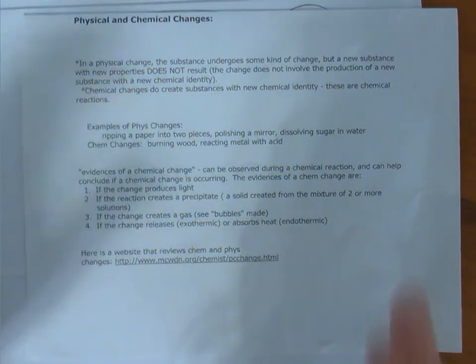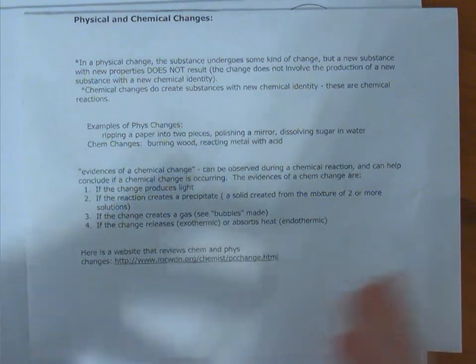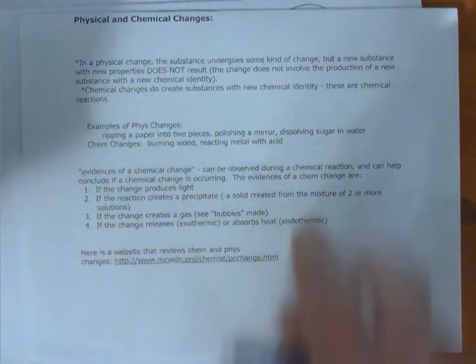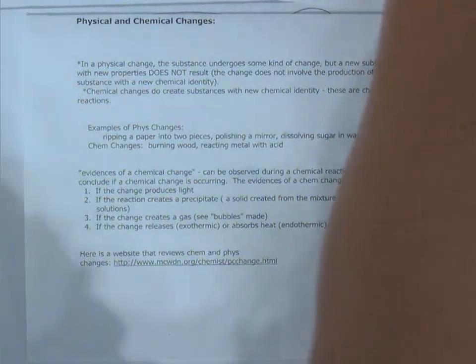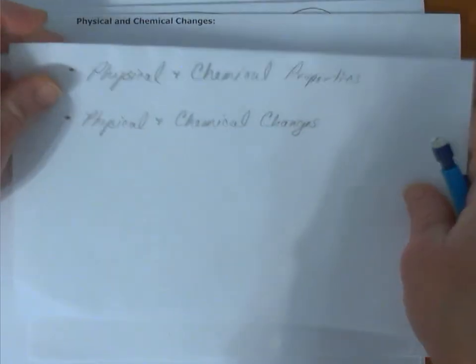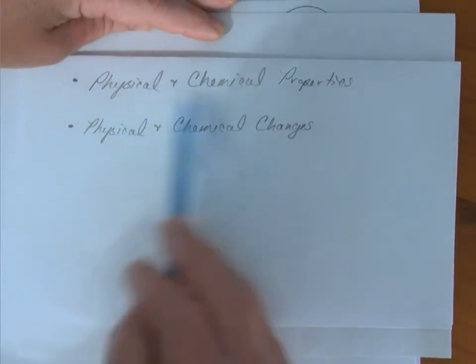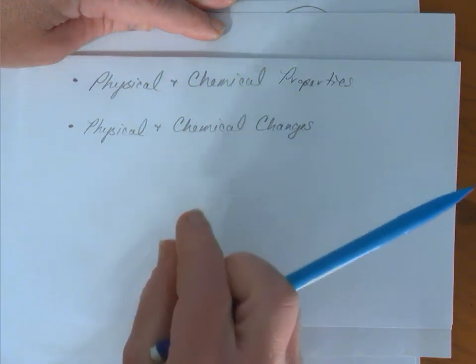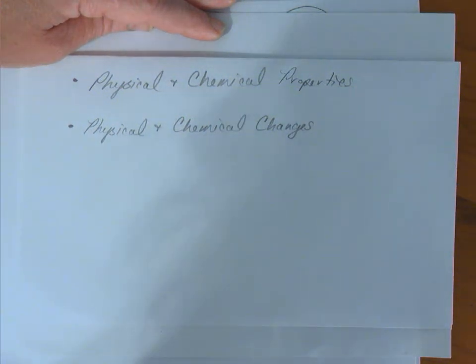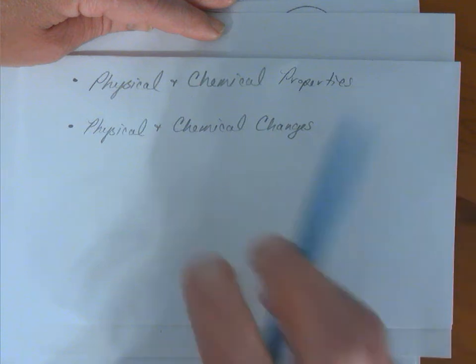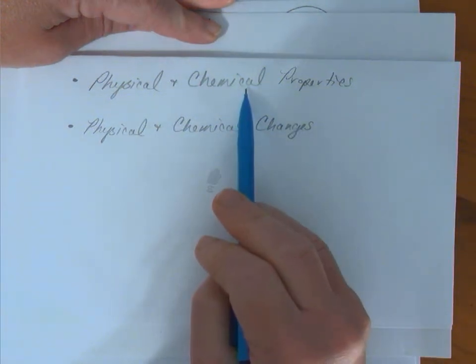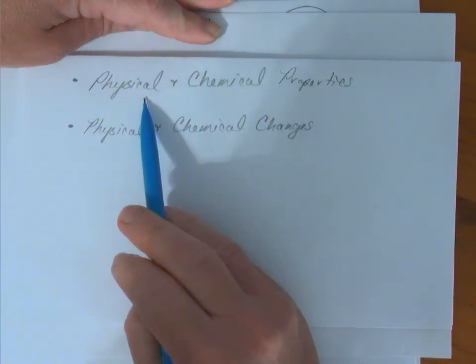After this video, you're going to practice classifying chemical and physical properties, and chemical and physical changes. And the question is, to make that observation, did the substance undergo a transformation in its chemical identity? If it did, it's a chemical property. If it didn't, it's a physical property.